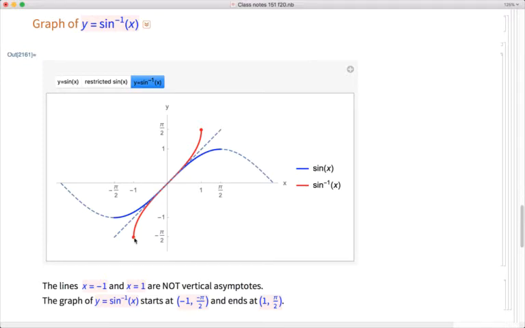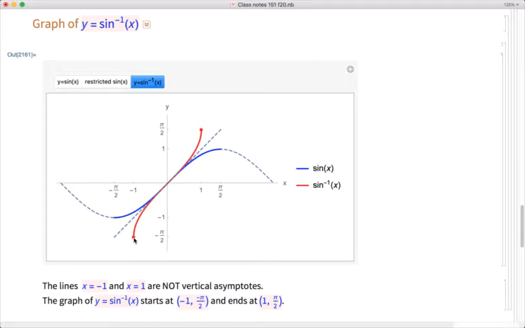And one easy misconception here is that the lines x equals minus 1, this vertical line, and x equals 1, are not vertical asymptotes for the graph of inverse sine. Inverse sine actually starts right here at this red dot.